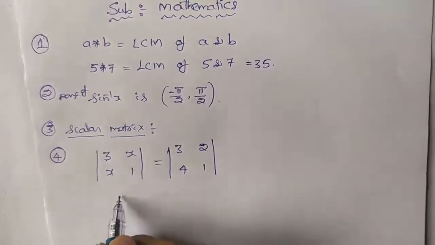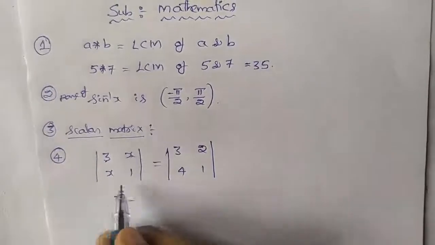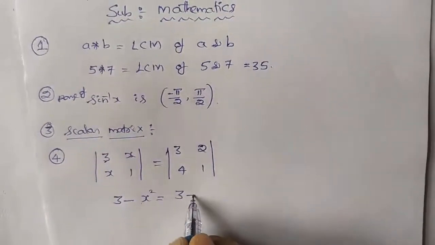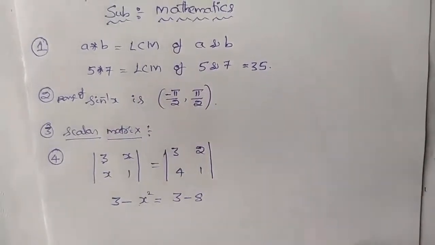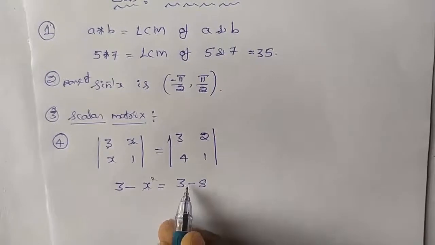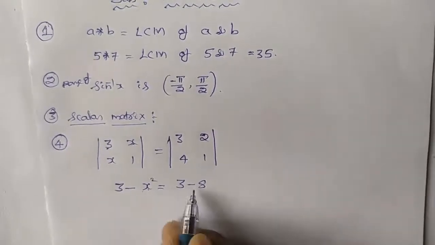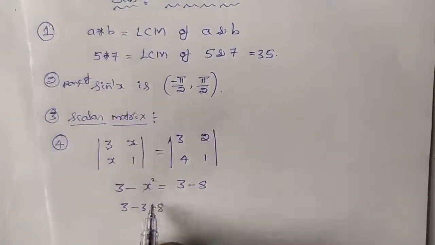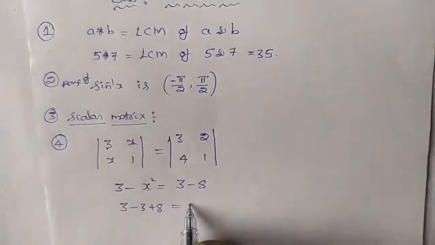So 3 into 1 is 3 minus x into x is x square, equals 3 into 1 is 3 minus 2 into 4 is 8. Take this x square to the left and take this 3 minus 8 to the left. Then 3 minus 3 plus 8, send this minus x square to the right.